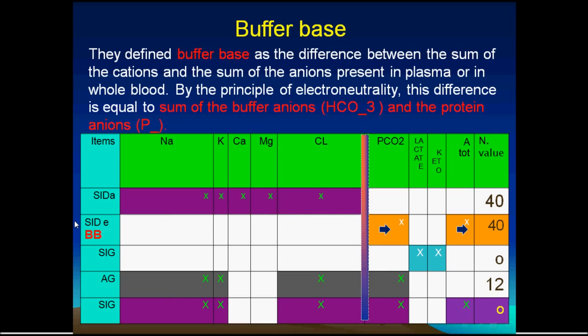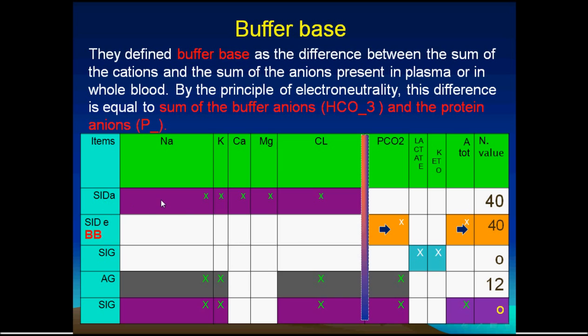When you look at the buffer base, I've mentioned before that the strong ion, to start with, the positive charges equal the negative charges. This is electroneutrality. The cations, sodium, potassium, calcium, magnesium, are the positive charges, which equal the negative charges: chloride, bicarbonate, and the total weak acids.